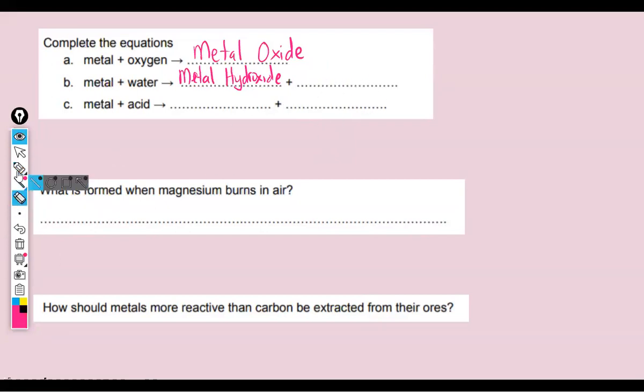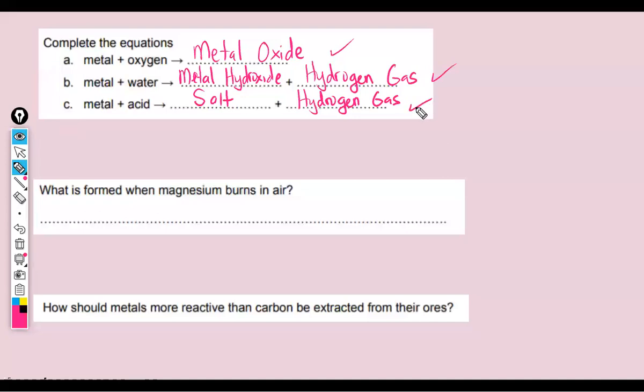Hydrogen gas. And a metal plus acid will give you a salt and hydrogen gas. These are actual past paper questions. I just copy and paste it, and I don't have the years.